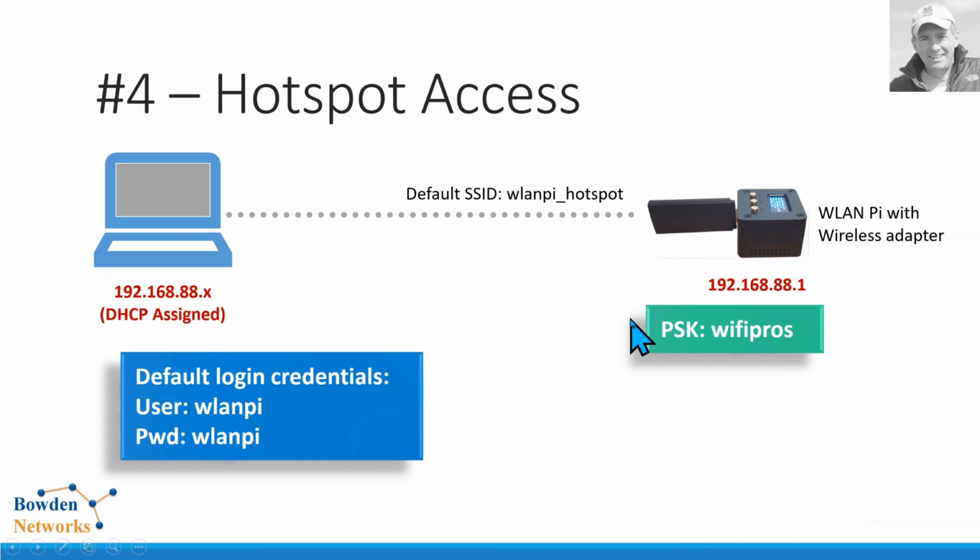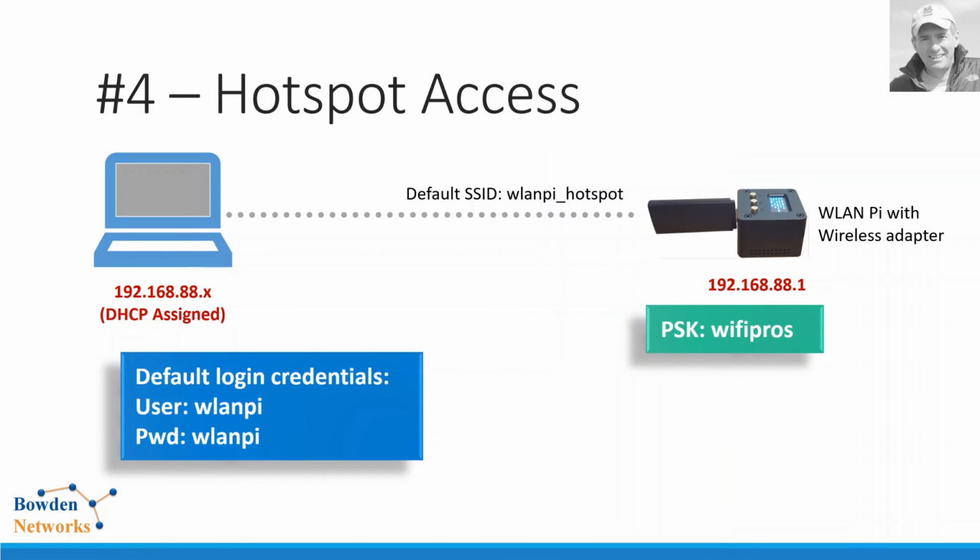And the final method that we're going to use is actually to throw the WLANPi itself into hotspot mode. What we can do here is change the mode that the WLANPi itself is operating in, and it actually becomes a small scale access point.